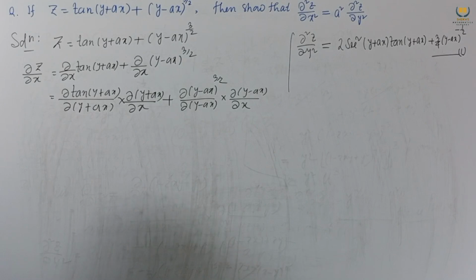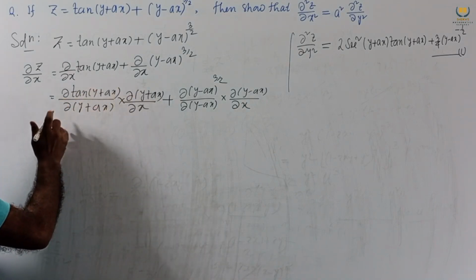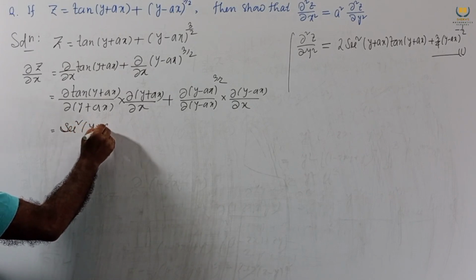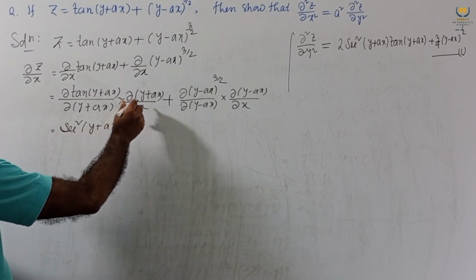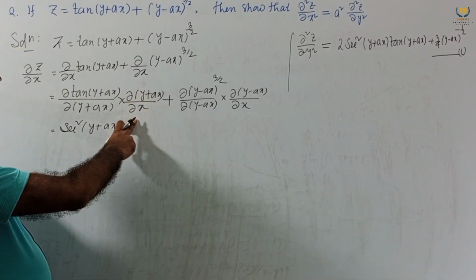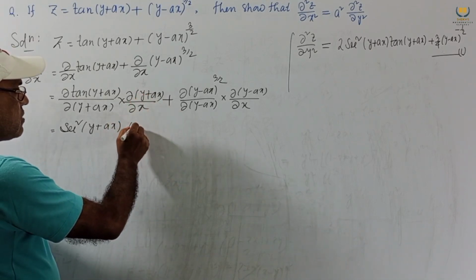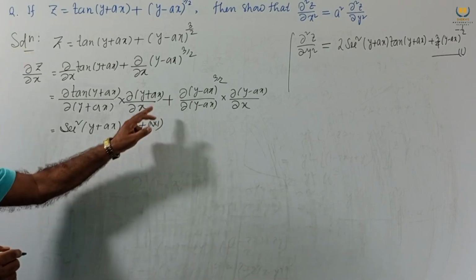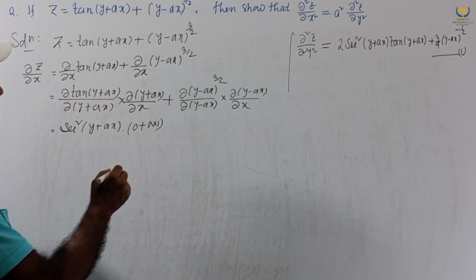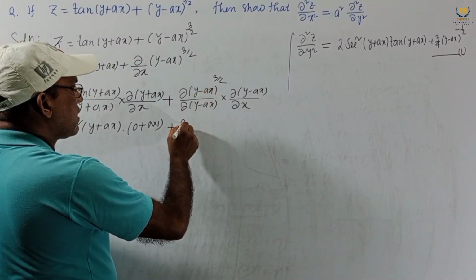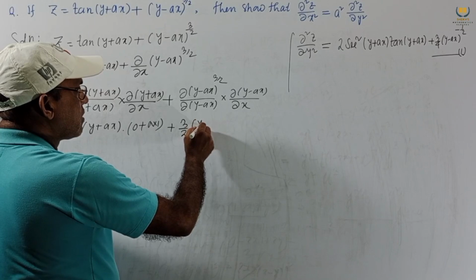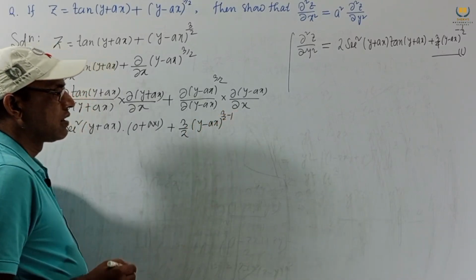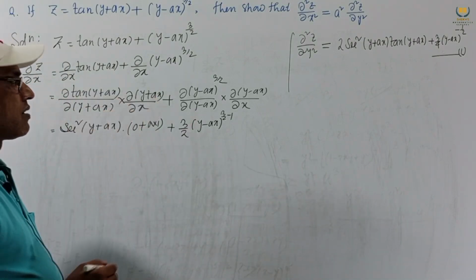We get this. And the derivative of tan x is the same, this will be sec square (y plus ax). And y is constant because we differentiate partially with respect to x, so this is 0 and a into 1 we get, since del x of x is 1. And by the first formula, 3 by 2 comes in front, (y minus ax) to the power 3 by 2 minus 1, n times x to the power n minus 1.